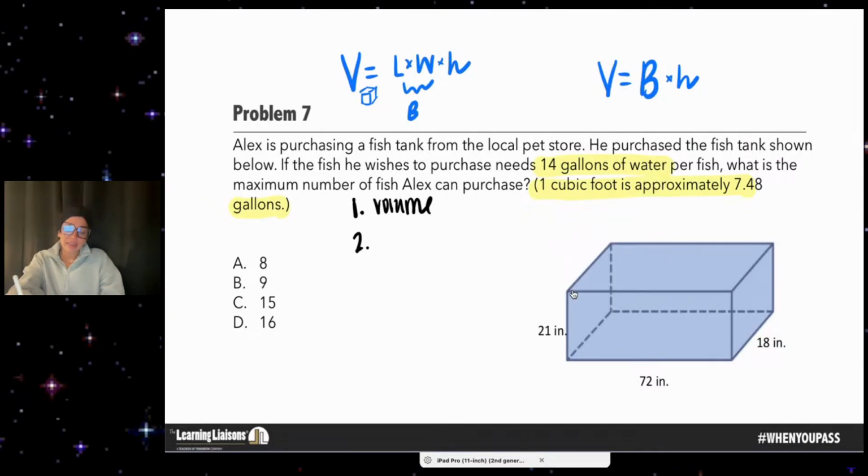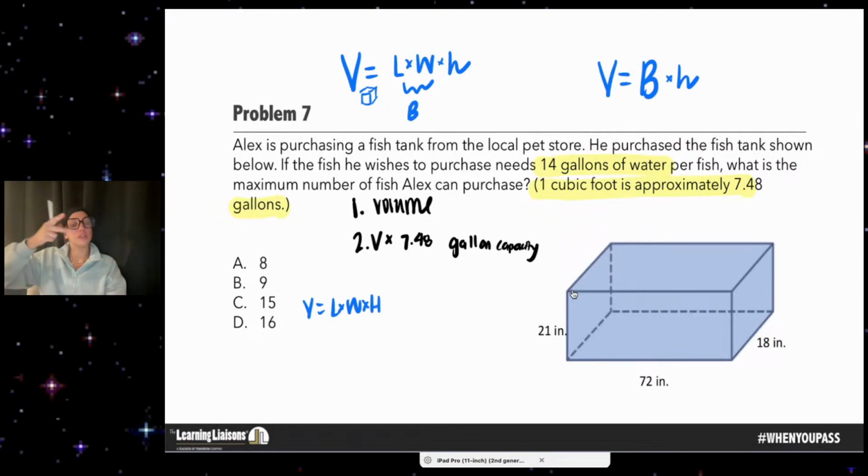And then I need to multiply the volume times 7.48 to figure out gallon capacity of the fish tank. So to find the volume, I'm going to do length times width times height. Because multiplication is commutative, which means we can solve it in any order, I'm going to do 21 times 72 times 18.